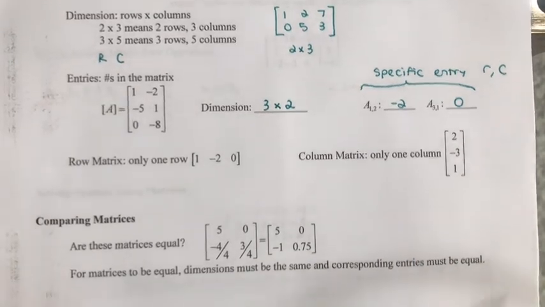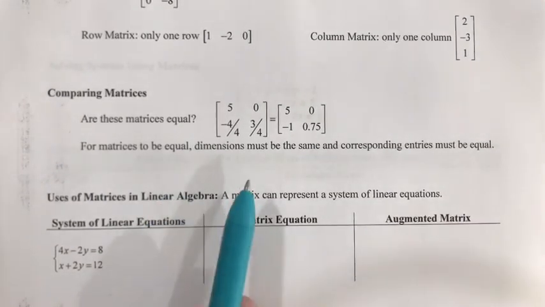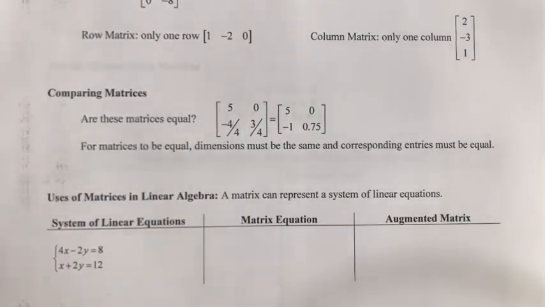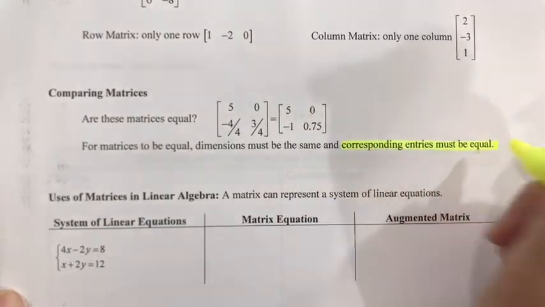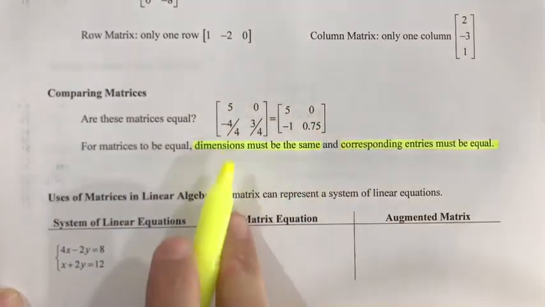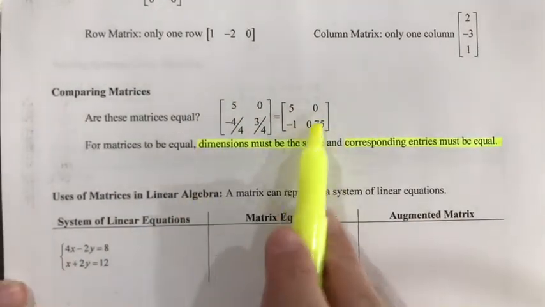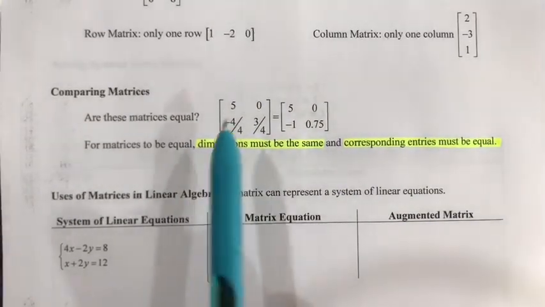Now, if we're talking about matrices being equal to each other, that means all corresponding entries must be equal. Okay, so they have to have the same dimensions. So notice that we have a 2 by 2. This one's also a 2 by 2. Okay, and all of the corresponding entries have to be the same.